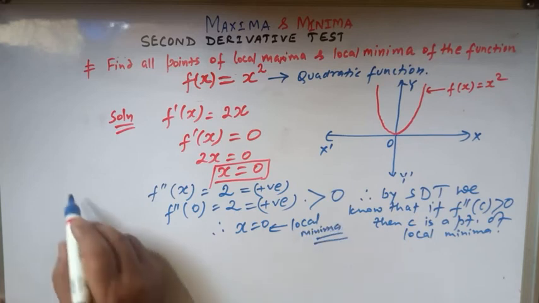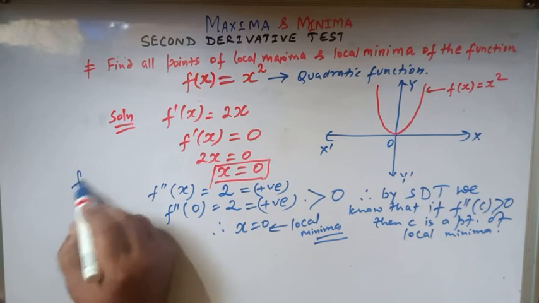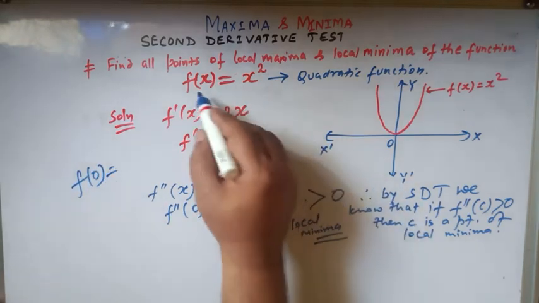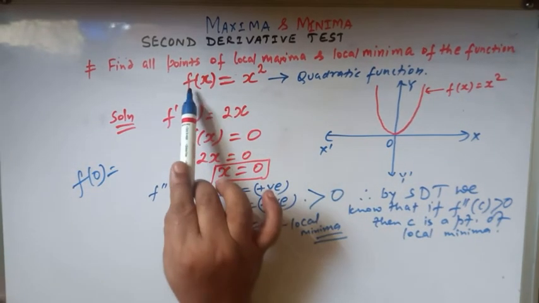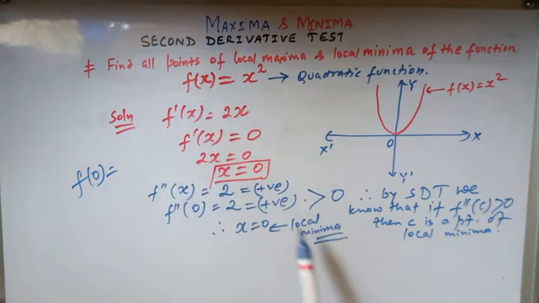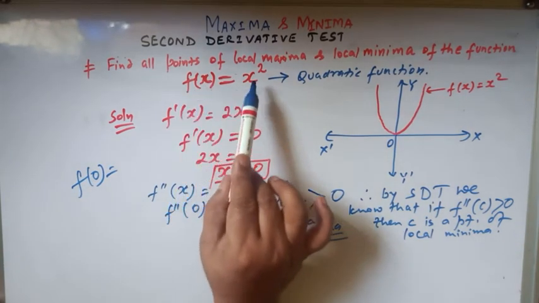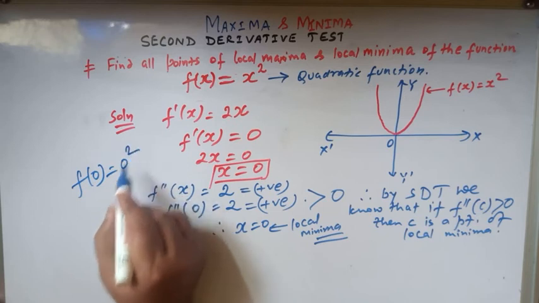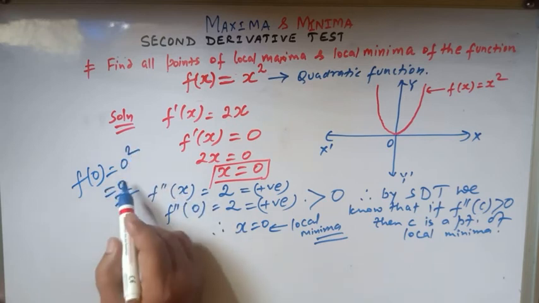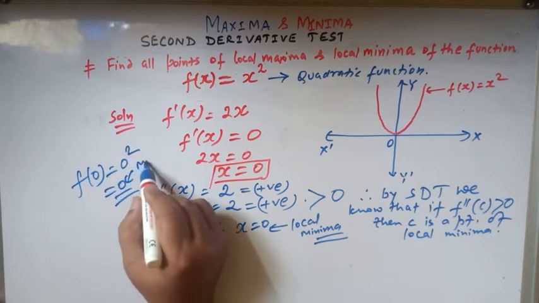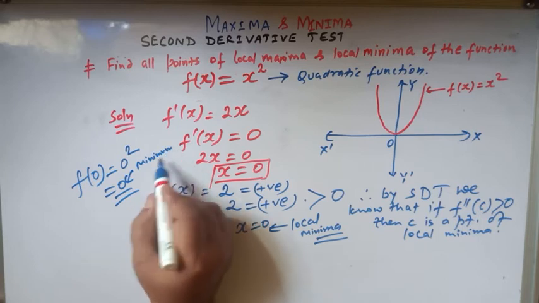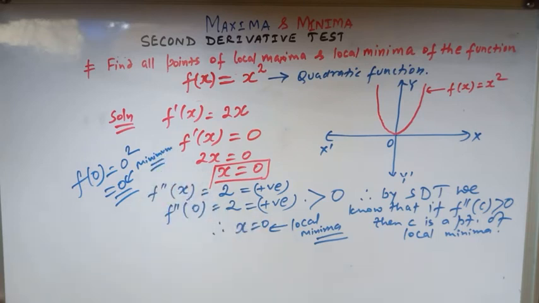And the local minimum value of the function can be calculated by substituting x equal to 0 in f(x) equal to x square. So it is 0 square, so this is 0. So this is the minimum value. Clear? Now what about the maximum value?